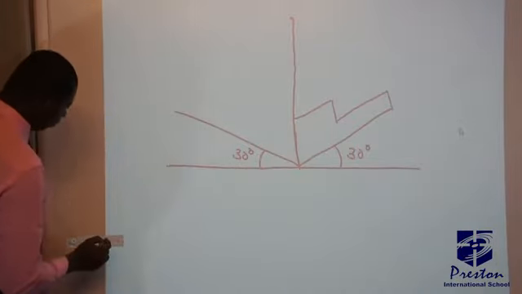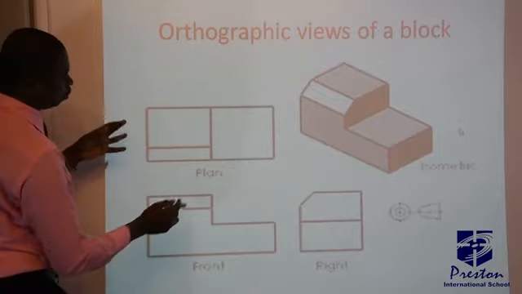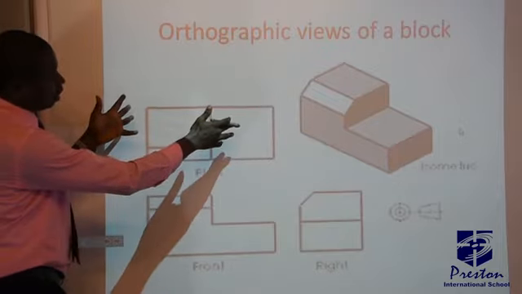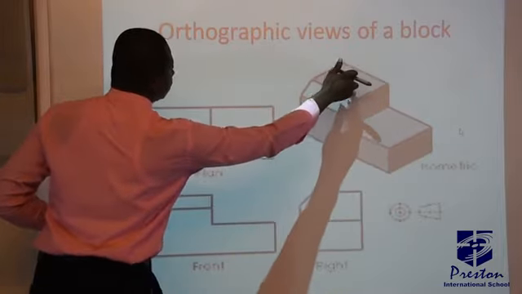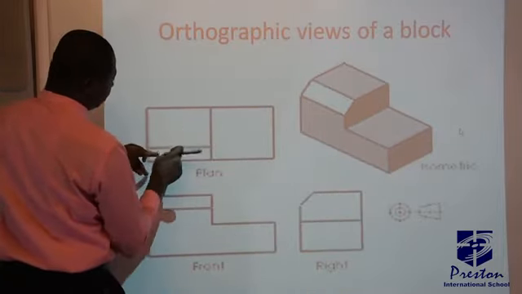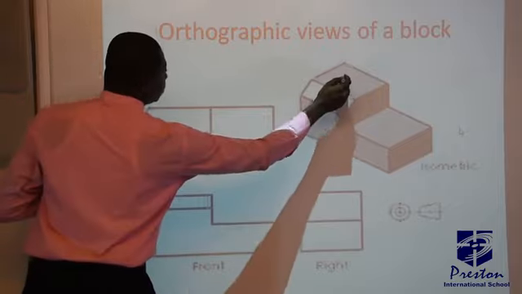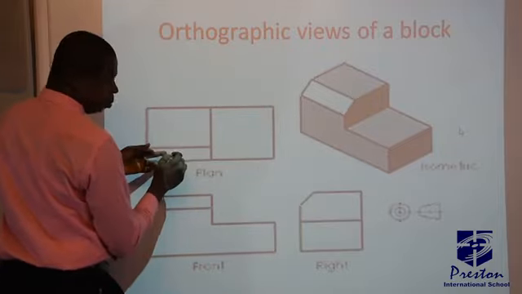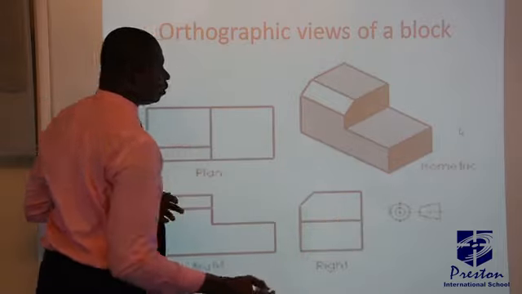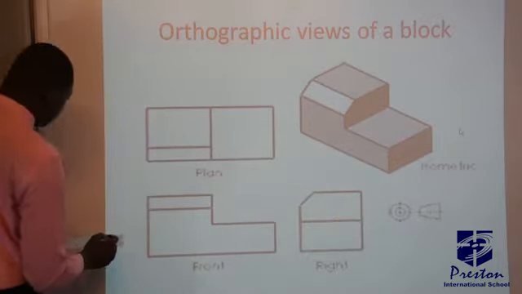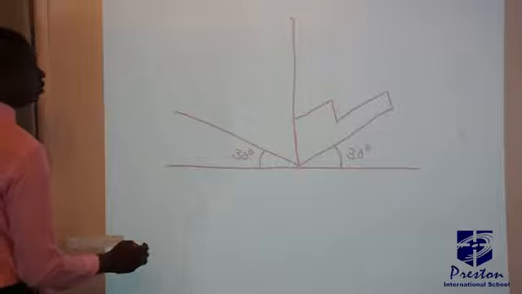Then you're going to see this is the plan. How will the plan look? This place you are seeing is this place, and this place is this. So what you are going to draw is something like this.